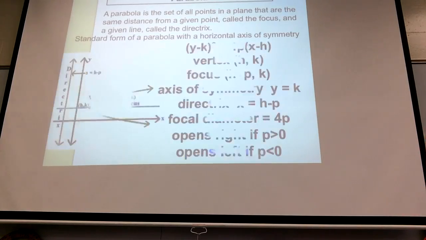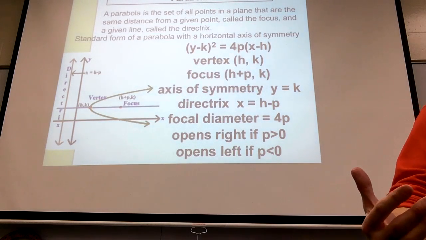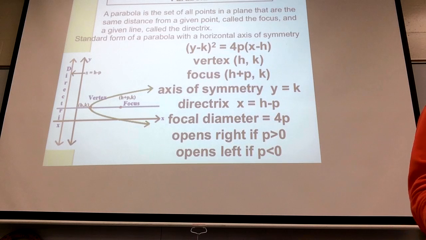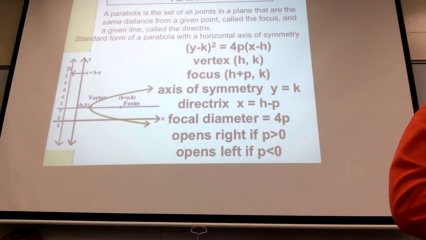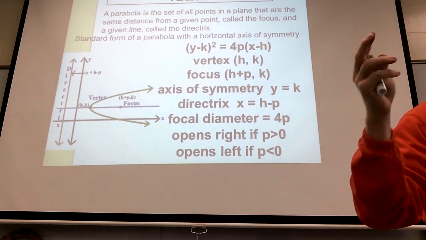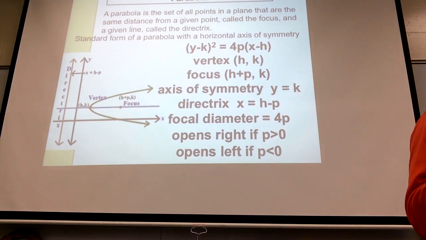If you alter it so now that you've got your y squared, it's opening left or right. Okay? The way you work with this stuff is pretty much the same, except when you're finding your directrix or your focus, you just reverse the coordinate you were working with.